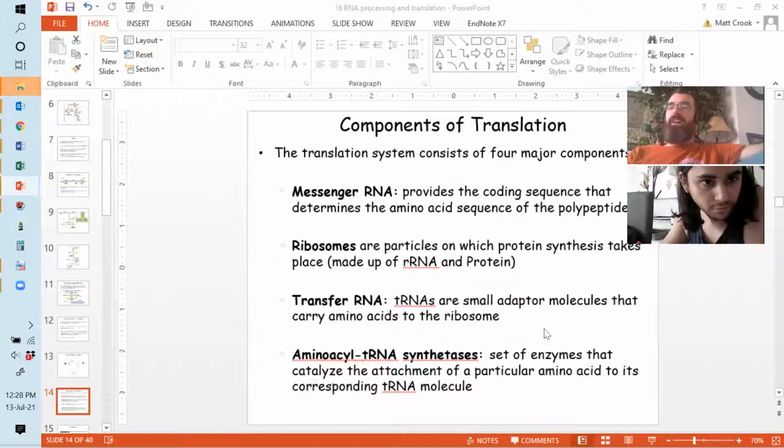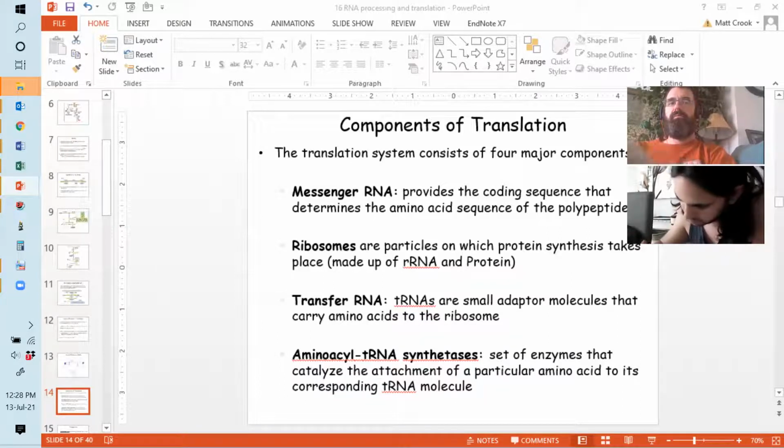We also have tRNAs or transfer RNAs. These are specific to an amino acid, and they recognize a specific mRNA sequence.